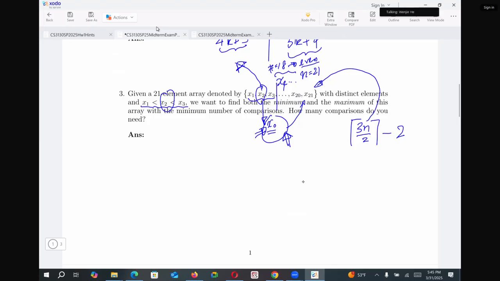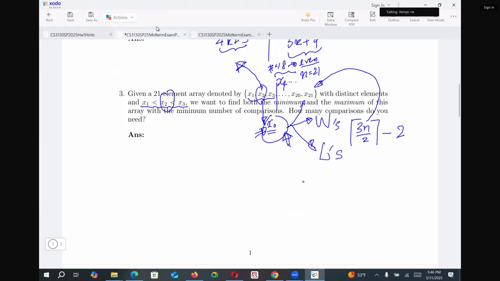But this other one, after we do the tournament method, we need to bring it back to join the winners group and the losers group, right? So that one element needs to join both groups.